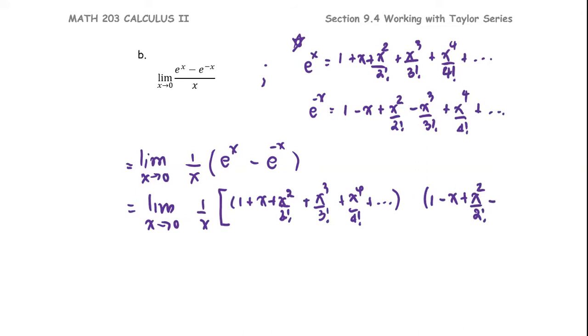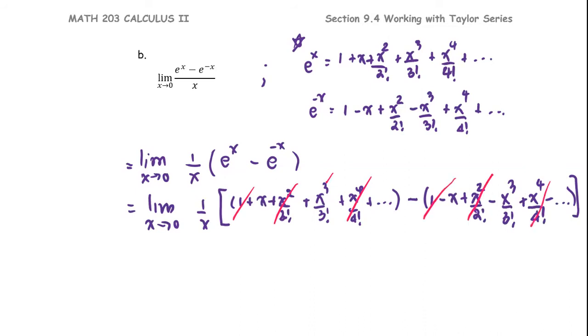This is minus, sorry. Now, we're going to subtract these two groups. The terms that have the same sign will be cancelled, or the terms with the even power will be cancelled.